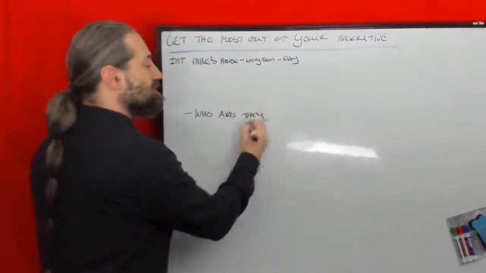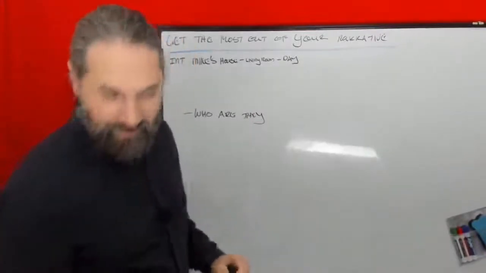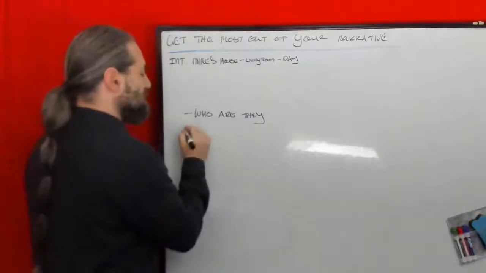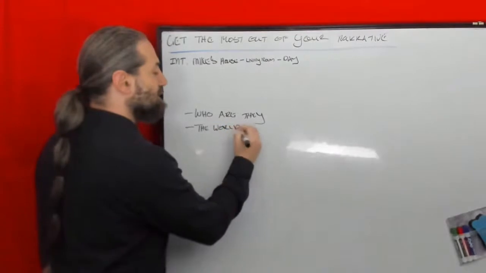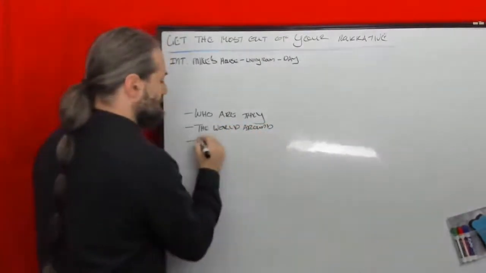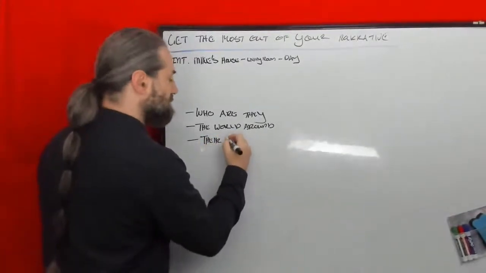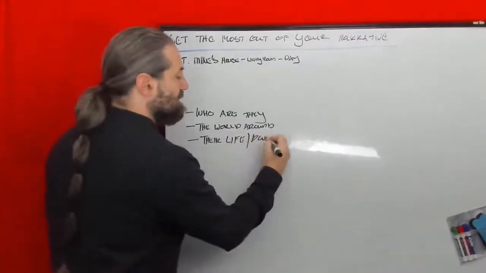And they would be referring to your main character, maybe a couple of the other supporting characters. Maybe there are 2 main characters, we don't know. The world around them, or even their life. Their life might be daily tasks or whatever.